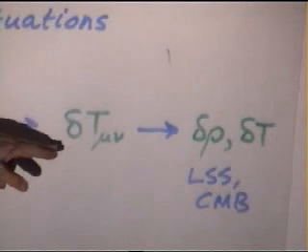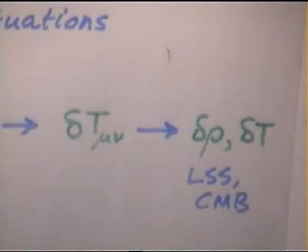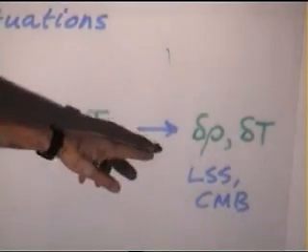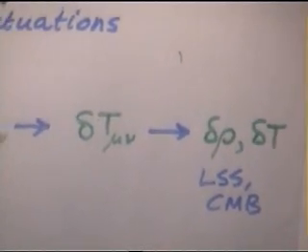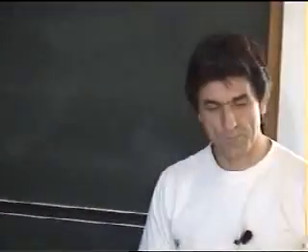So there are going to be fluctuations imprinted in all those forms of matter. And eventually, at the time of last scattering, when large-scale structure and the CMB initial conditions are crucially laid down, these will emerge as fluctuations in the density and the temperature. So this is the basic idea.